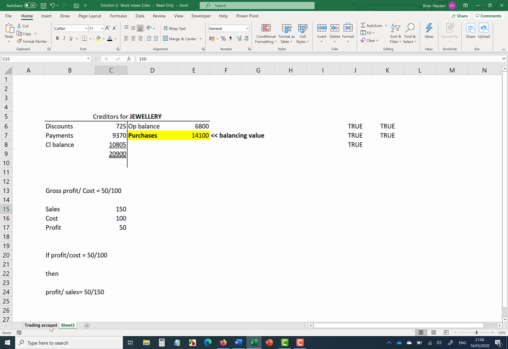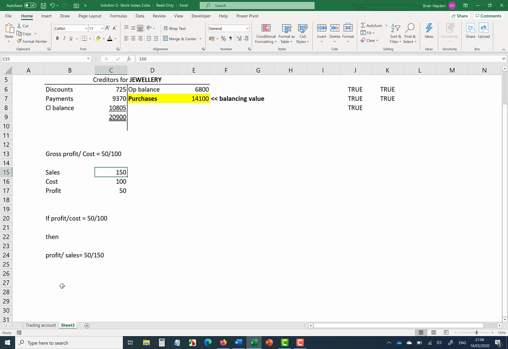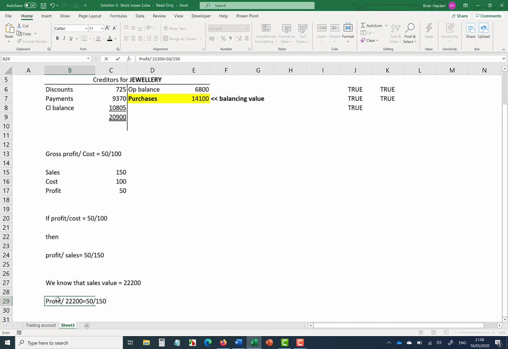Now that's helpful because we actually know the sales amount, so we can further calculate as follows. So we know that sales value is 22,200. So profit divided by 22,200 is equal to 50 divided by 150. Okay, so the profit can be worked out.